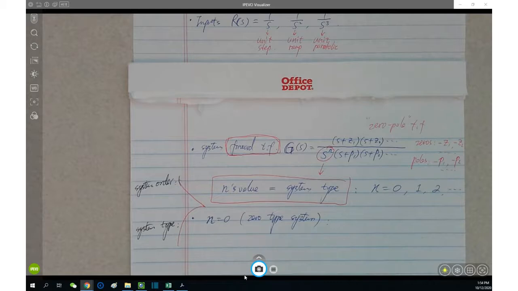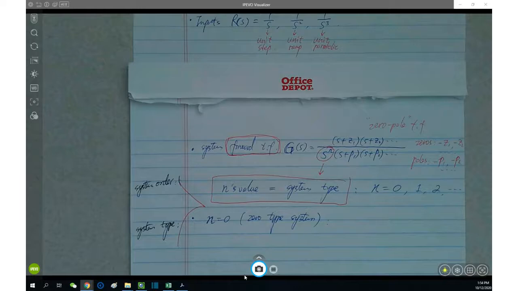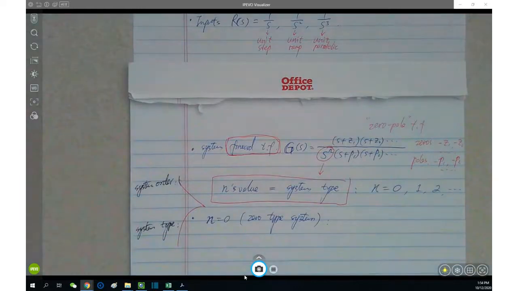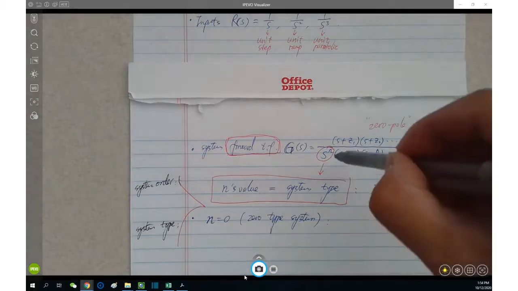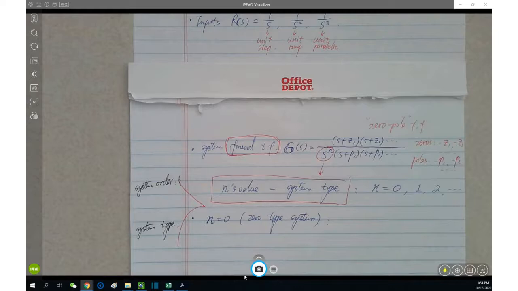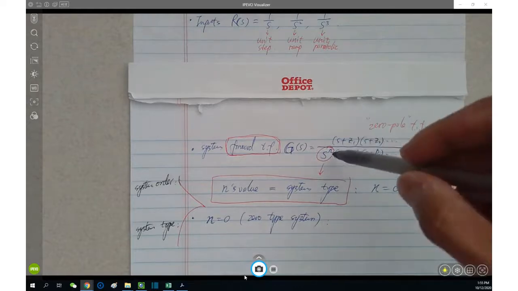The order of the system depends on the n value. Like if n is 1, that's first order. Which n? S to the n, like in the denominator. Do you mean the same n here or something different? The same n value, I think, denotes the system order.